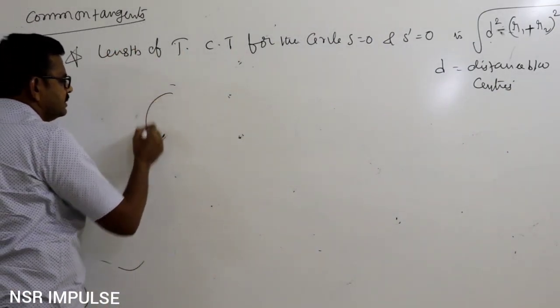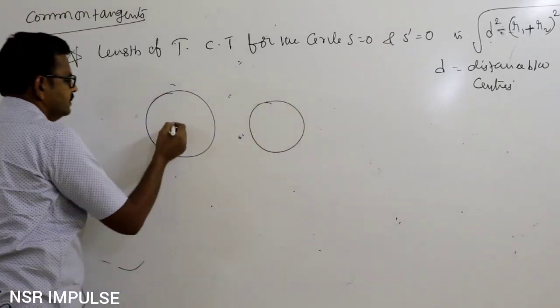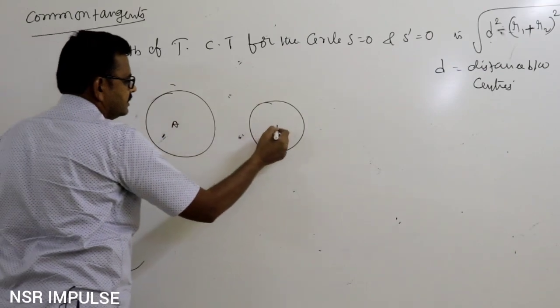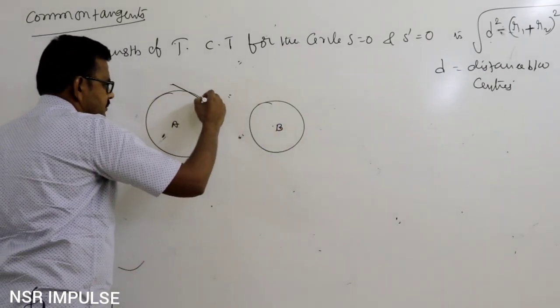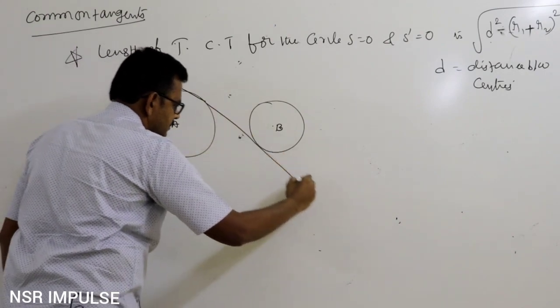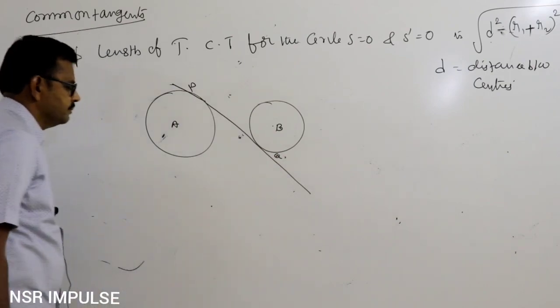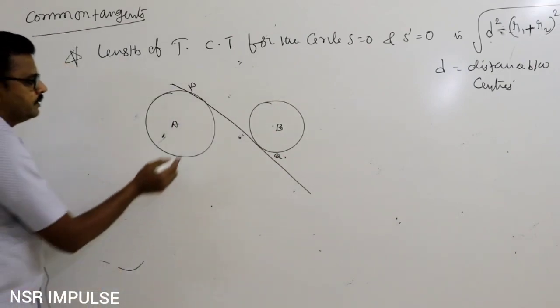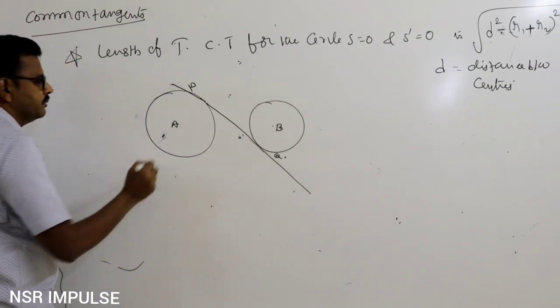This is the circle S equal to 0 and this is S dash equal to 0, with center A and center B. This point is P and this point is Q. PQ is the transverse common tangent, so you have to find the length PQ.